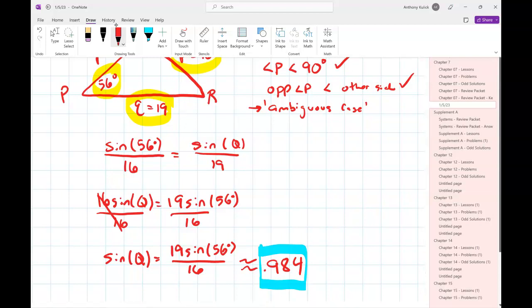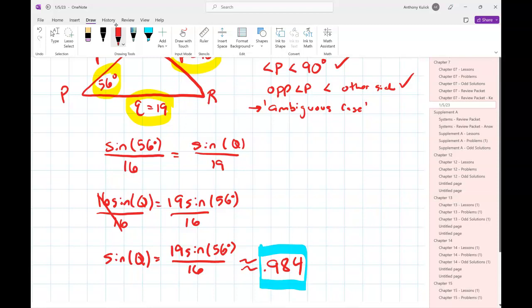Okay? So think back to last semester. If I take sine of an angle, what's the biggest possible value I can get for sine of an angle? Think back to your unit circle. Sine is the y-coordinate.